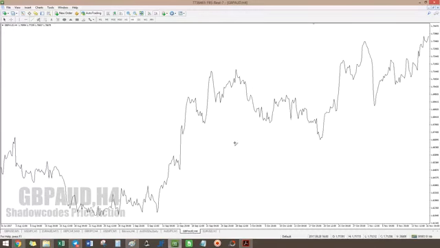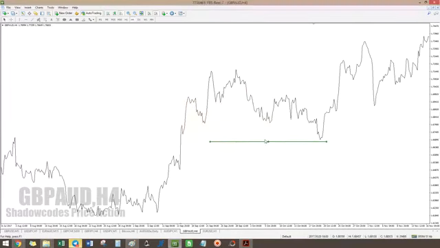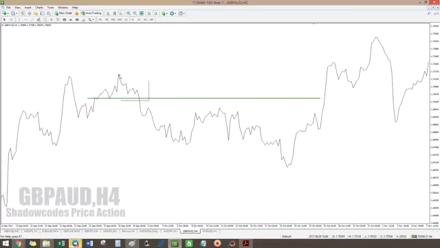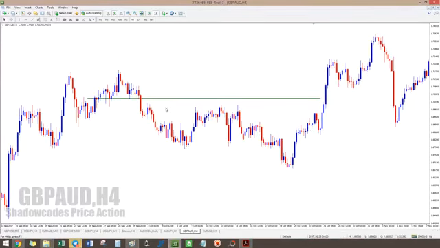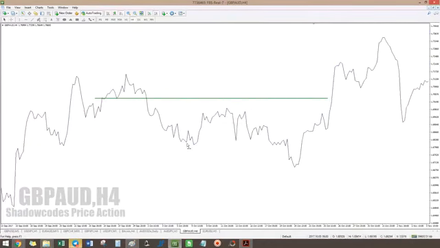Over here we got a nice one. Let's zoom in a little. So this is a downtrend. Let's change it to candlestick. So bye bye, no trade. Let's find another one.